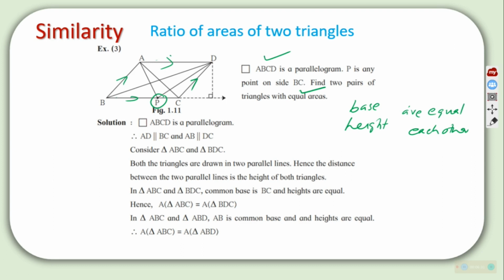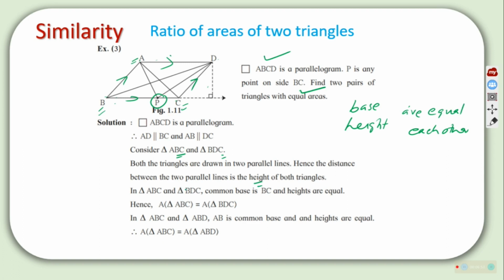So AD and BC are parallel, AB and DC are parallel, and there are triangles ABC and BDC. We took a common base, BC is the common base for ABC and BDC. So the height between two parallel lines will always be equal.